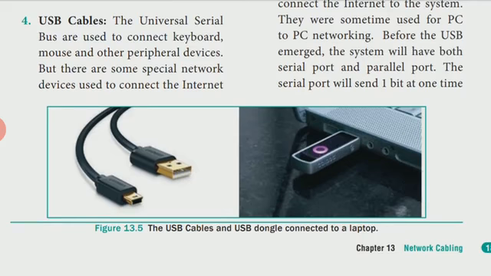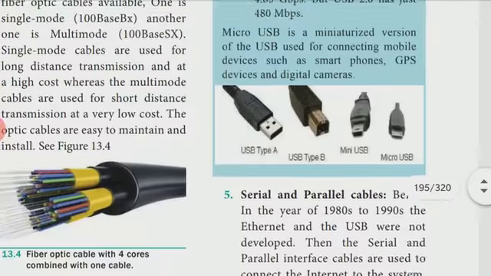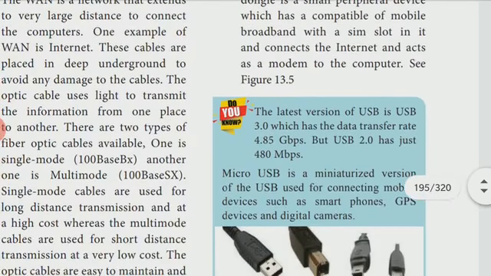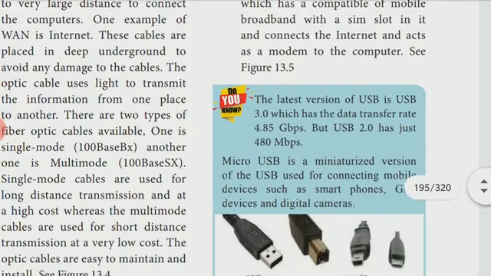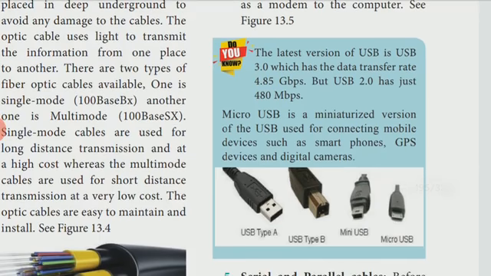Next we will see the USB cable. We already know what USB cables are. To connect keyboards and mouse we use USB cables, and to connect the internet also. Nowadays we are using the latest version, USB 3.0.